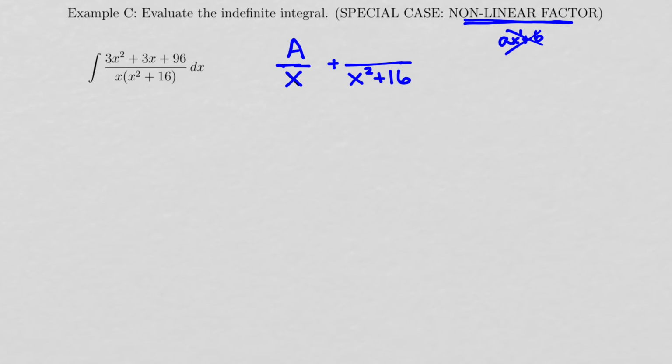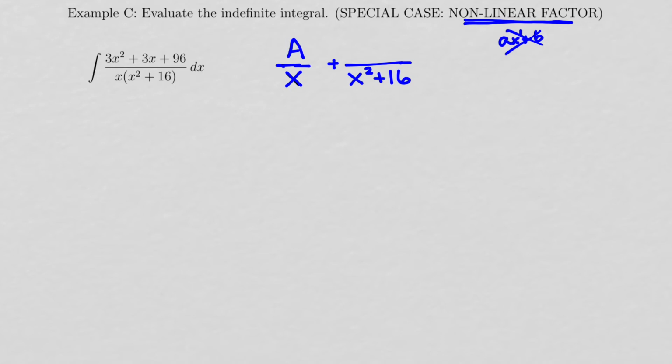But on top of x squared plus 16, now let's think this through. On top of x, we simply put a constant. So on top of x squared, I'm going to have to put 1 degree down, so I'm going to have to put a linear expression.